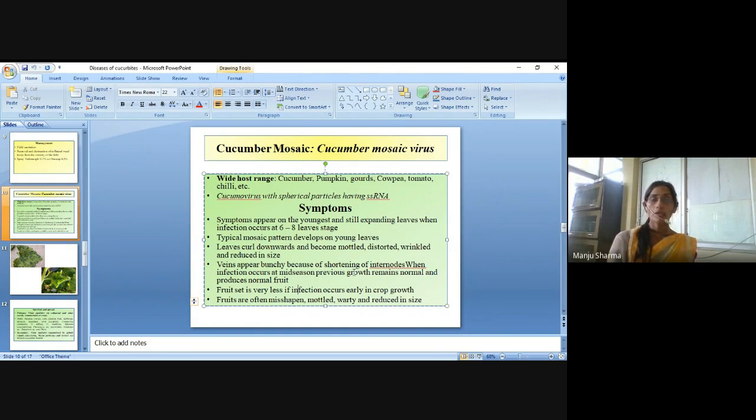When infection occurs at mid-season, previous growth remains normal and produces normal fruit, but fruit set is very low. If infection occurs early in crop growth, fruits are often misshapen, mottled and reduced in size.